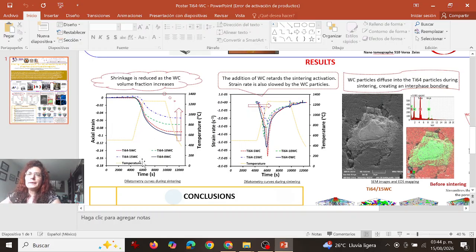So basically from this dilatometry curve, we can conclude that the shrinkage is reduced as the volume of the tungsten carbide particles increases.